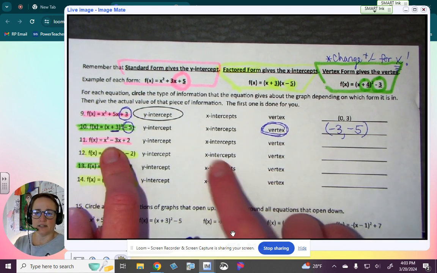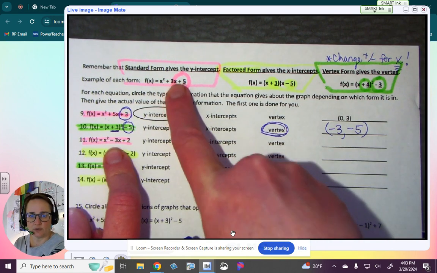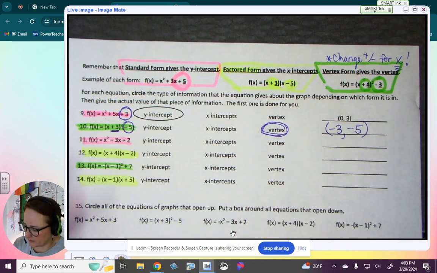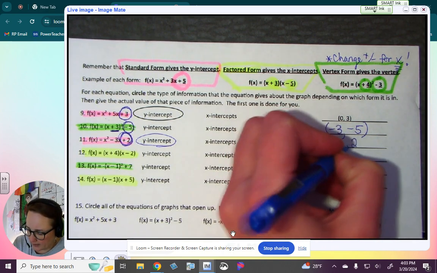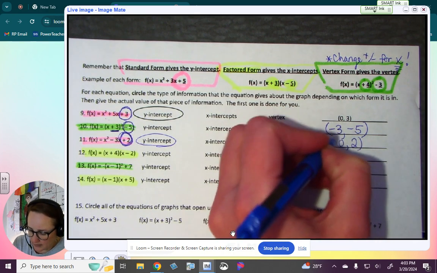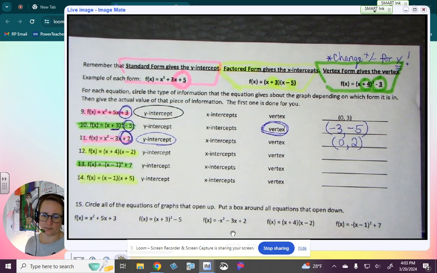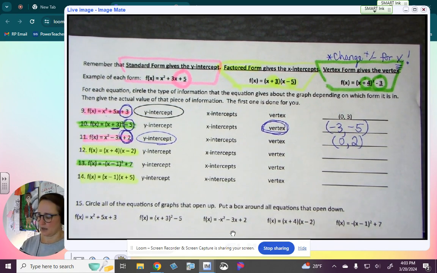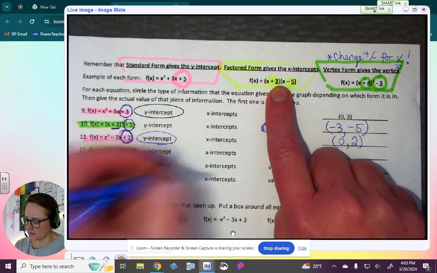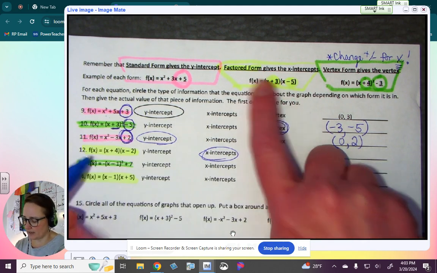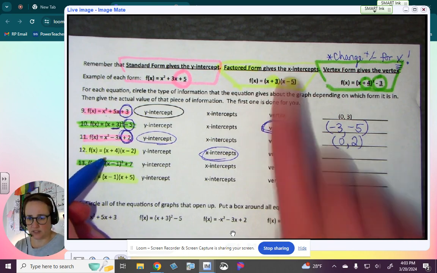All right, our next one is another example of standard form. I see an x squared, no parentheses. That tells me the y-intercept. The y-intercept is just when y is at 2, x is at 0. Next, I see two sets of parentheses being multiplied. Nothing is being squared. This is factored form, telling me the x-intercepts.